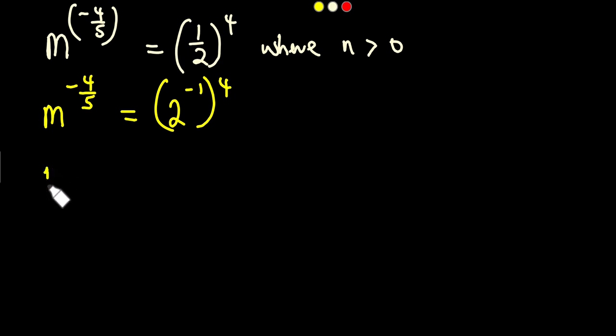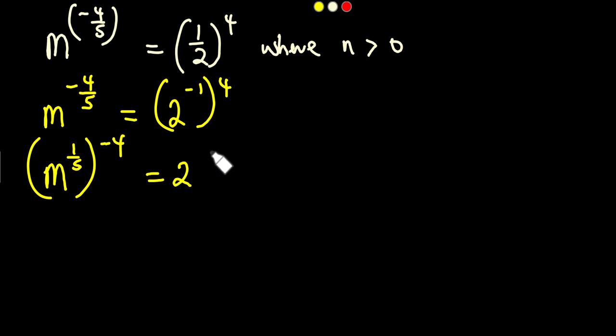It's the same thing as m to the power of 1 over 5, to the power of minus 4, because if you multiply 1 over 5 times minus 4, it gives the same number. And of course you could also write the right side as 2 to the power of minus 4, because minus 1 times 4 is minus 4. Of course, you can hold that in a bracket if you want to.